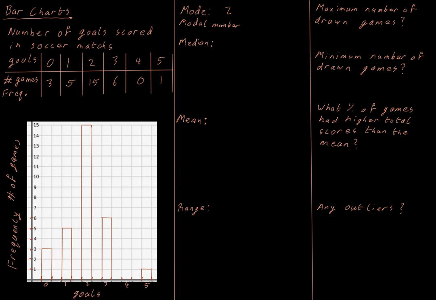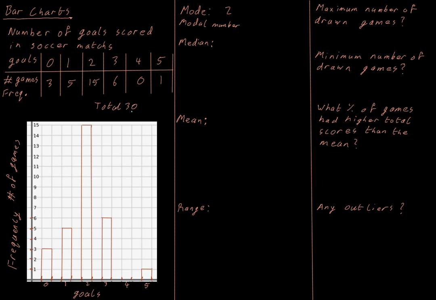So I'd have 3 plus 5 plus 15 plus 6 plus 0 plus 1. And in total, I have 30 games that were played, and I add that up from my number of games for each number of goals.